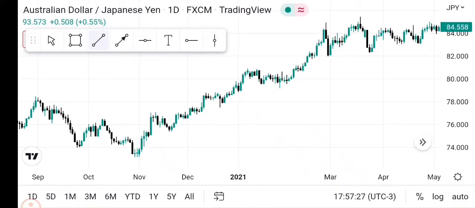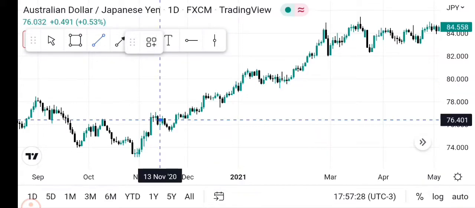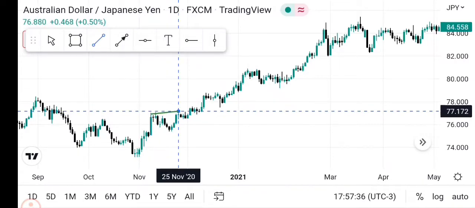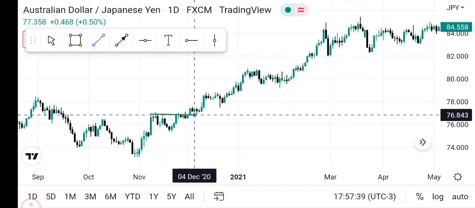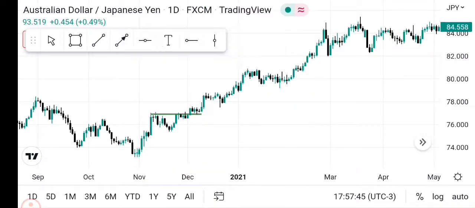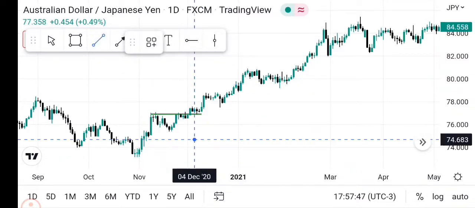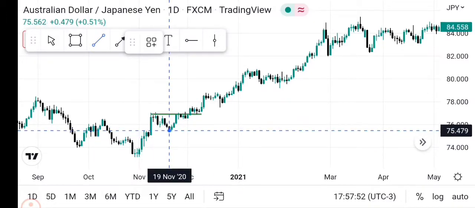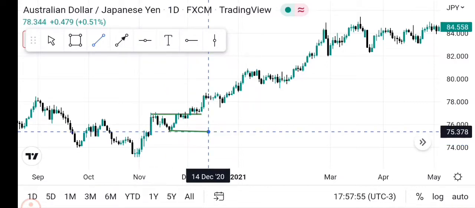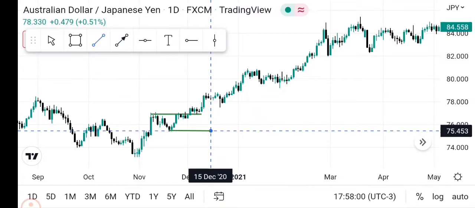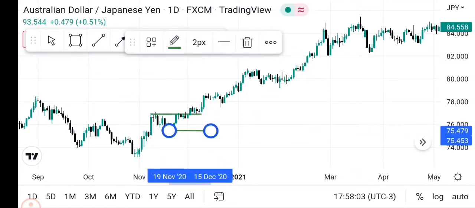Now, this is a higher high. This high right here, that's a higher high. And this is a higher low, right there. This is a higher low.